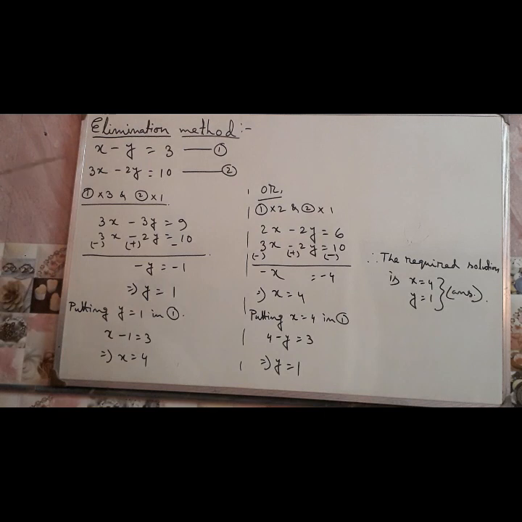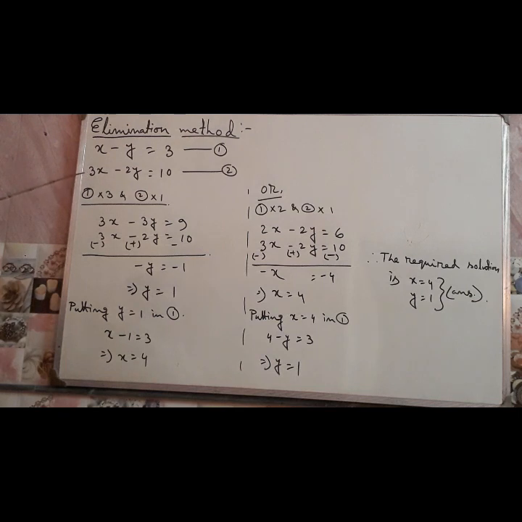So at first you have to choose which variable you want to eliminate. Suppose I want to eliminate x, then you have to see what the coefficients of x are here. In the first equation the coefficient of x is 1, in the second equation the coefficient of x is 3.